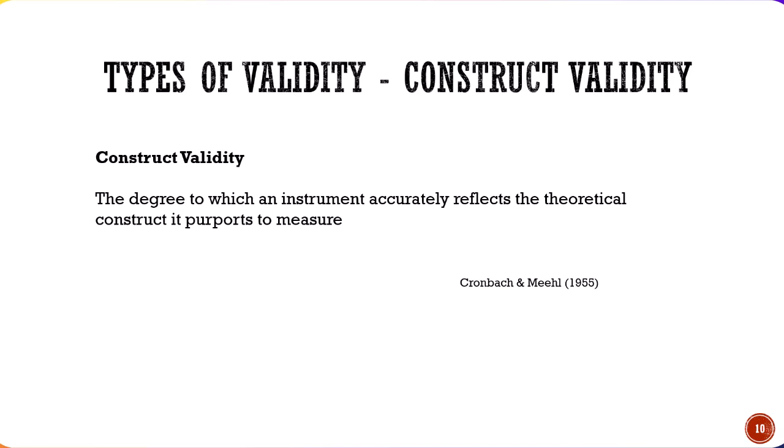What this suggests is that construct validity answers the deepest, the most fundamental questions in measurement. What you are measuring, construct validity will ask you, are we actually measuring the theoretical concept? What you try to measure, are you really measuring the theoretical concept?